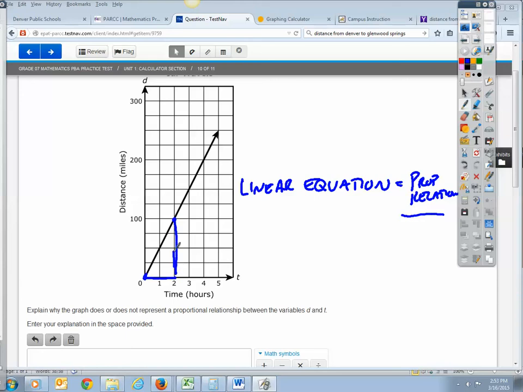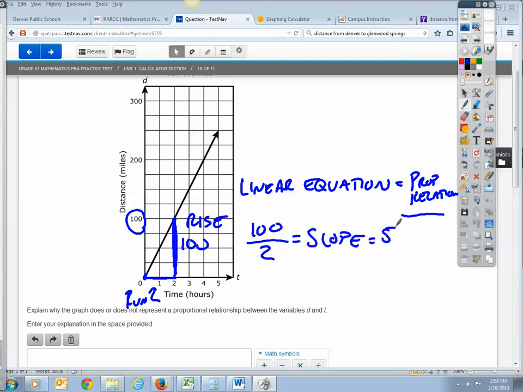So if I have a rise here of 100, and it's not 4, you got to see the value here, and a run of 2, that means my slope is going to be my rise divided by my run. My rise is 100 divided by my run, which is 2. So my slope is equal to 50.